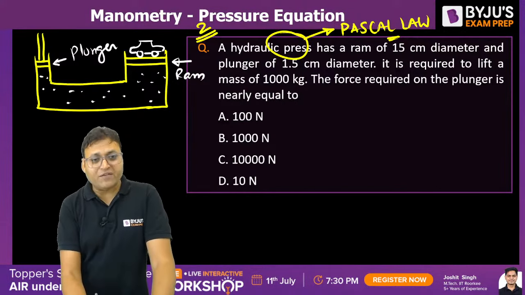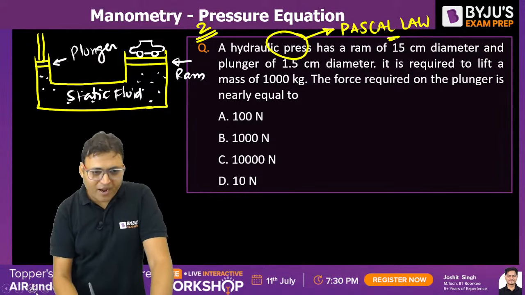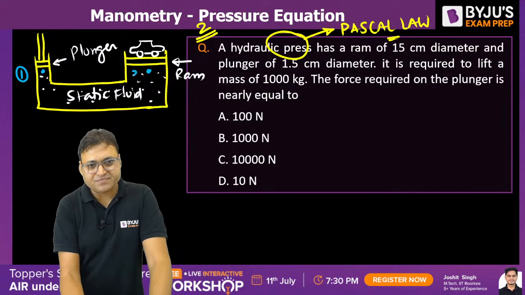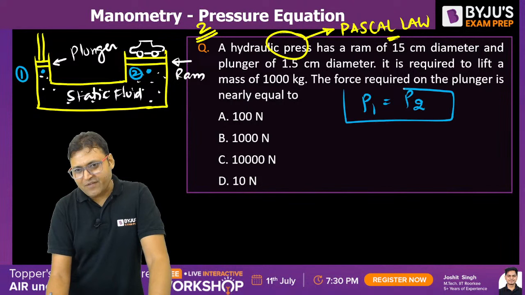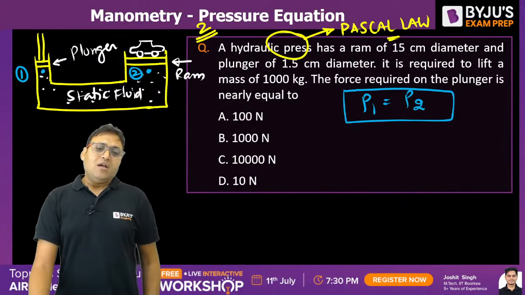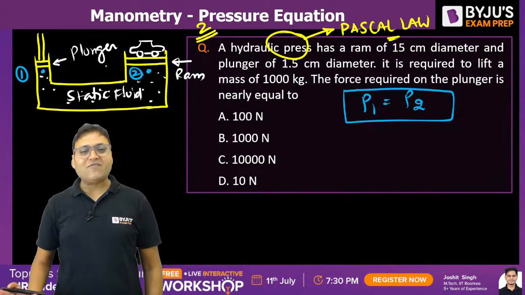According to Pascal's law, in case of static fluid, any 2 points at the same elevation in the continuous mass of the same static fluid will have the same pressure. Pressure at 1 is equal to pressure at 2. If the points are at the same elevation and are joined by the continuous mass of the same static fluid, they will have the same pressure.